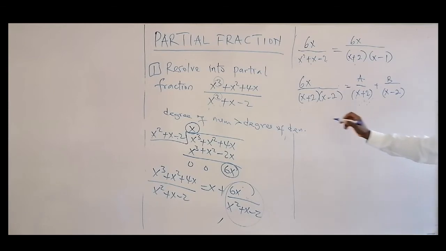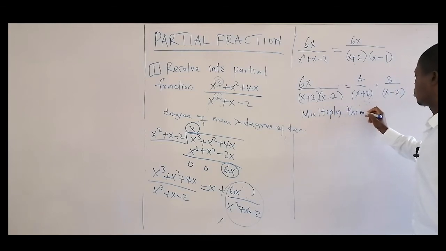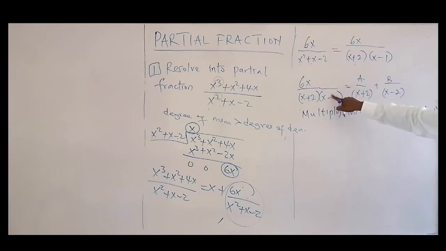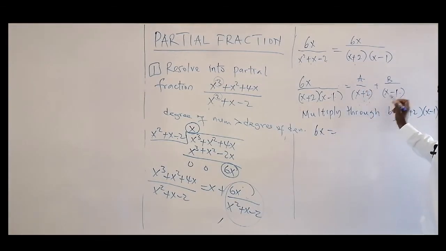Then the next thing to do is to multiply through by the common factor, x plus 2 and x minus 1. If you multiply through by that common factor, you have 6x equal to A into bracket x minus 1 plus B into bracket x plus 2.